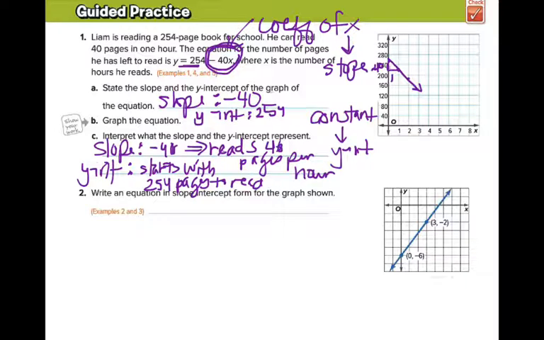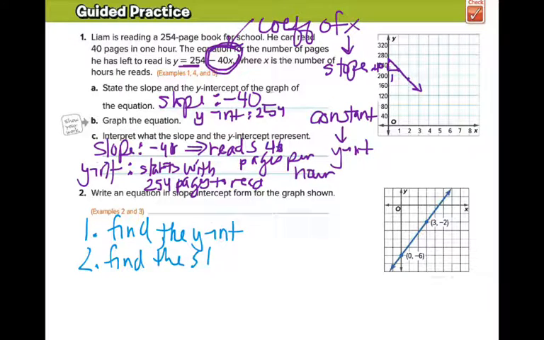Next one. Write an equation in slope-intercept form for the graph. So step 1 is find the y-intercept, and then find the slope. Okay? So my y-intercept is where the line crosses the y-axis. So my y-intercept is negative 6.